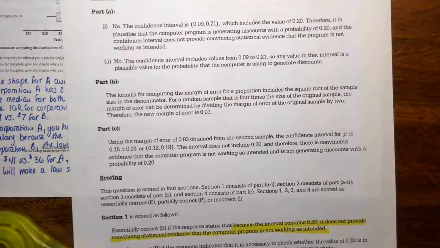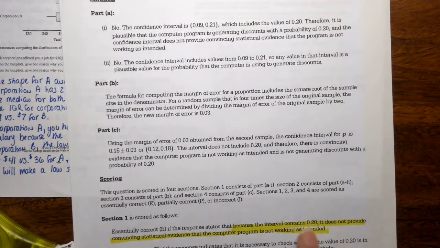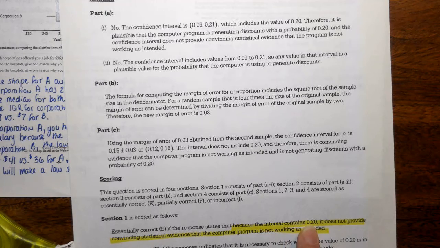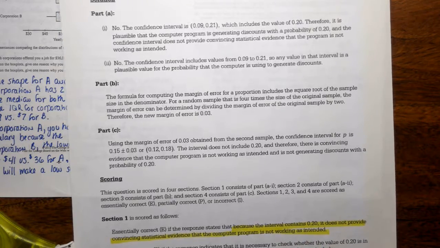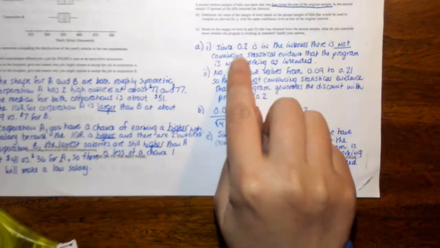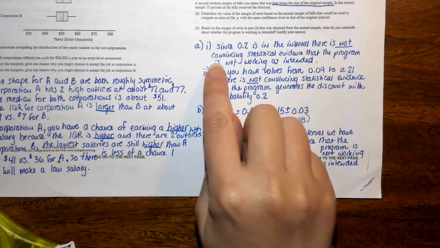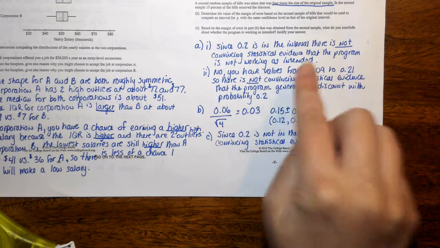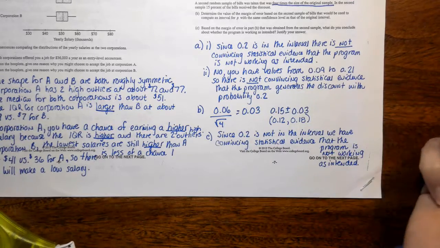You get an E if you state that because the interval contains 0.2, it does not provide convincing statistical evidence that the program is not working as intended. Since 0.2 is in the interval, there's not convincing evidence that the program is not working as intended because 0.2 is a possibility.